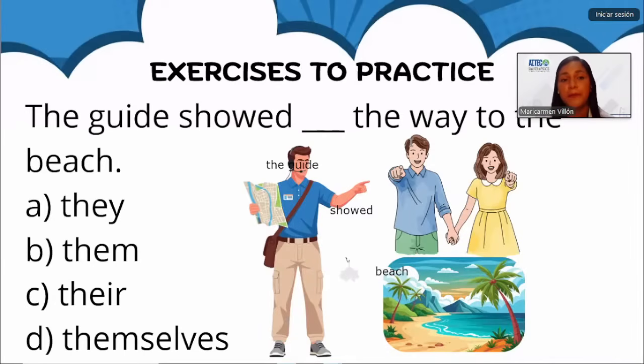Remember here, who's receiving the action? What is the thing? The beach, right? That will be the direct object. But the guy is showing who?